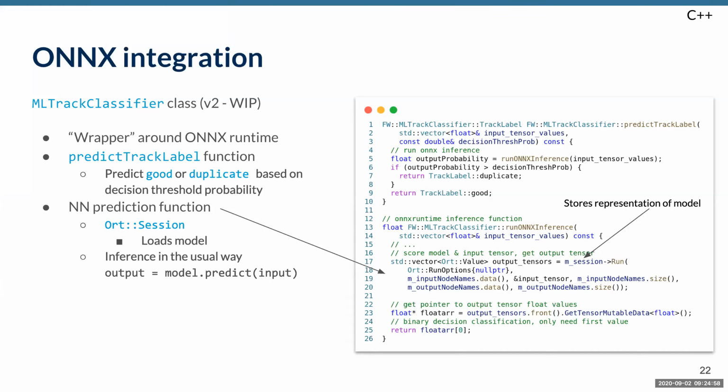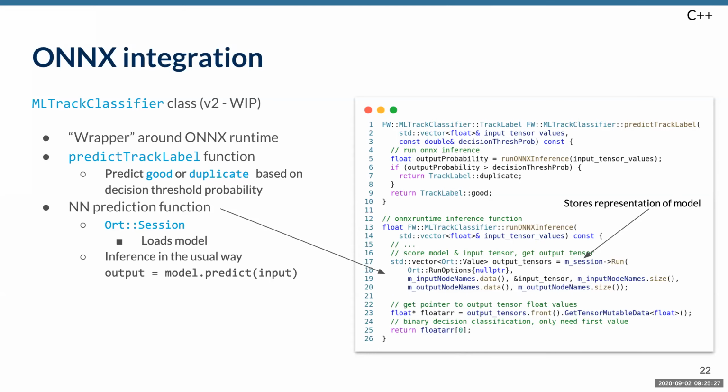Now, our predict track label function, instead of having to do all of the linear algebra by itself, essentially only has to implement the decision threshold step, in the sense that if the output from the model is greater than your threshold, then you would predict that the track is a duplicate, otherwise it would be a good track. So that's the only thing that, from the user perspective, the prediction function has to do.